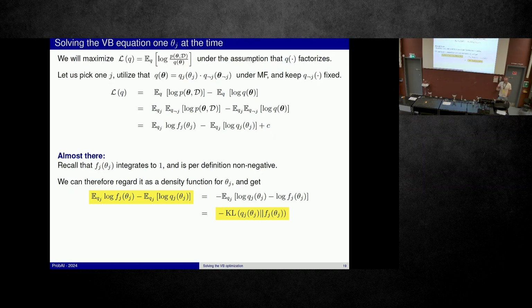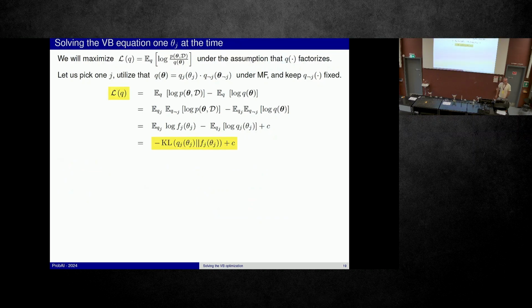This is legal because we made f so that it is always positive, and so that it integrates to 1. So why not pretend it's a distribution suddenly? So now we can just replace this part by minus Kullback-Leibler from Q to F. And that's what happened here. So all of this now means ELBO is a constant minus this Kullback-Leibler here.